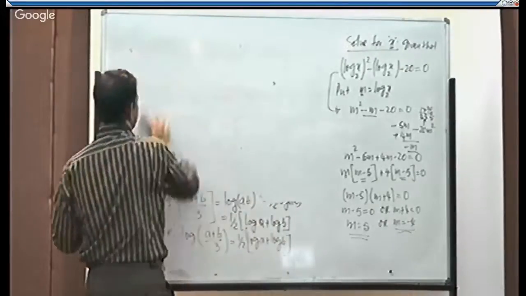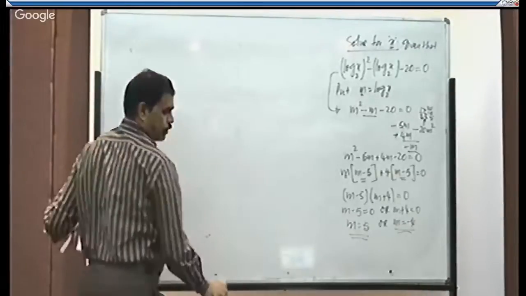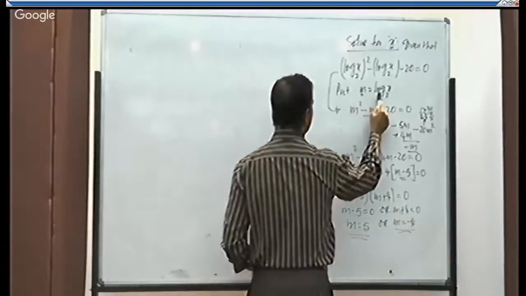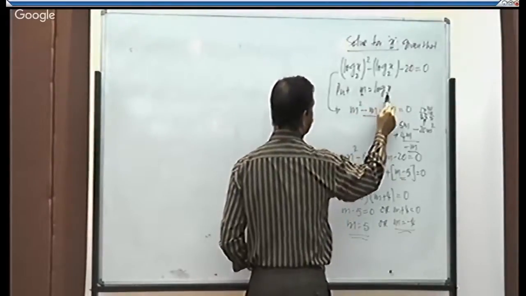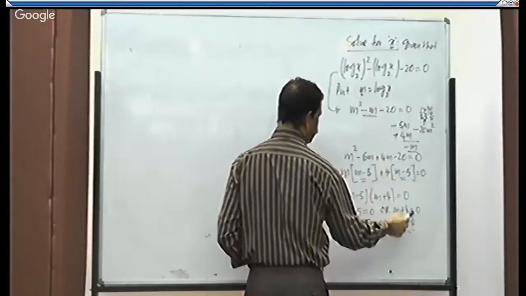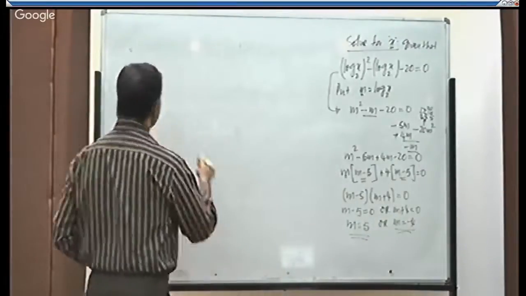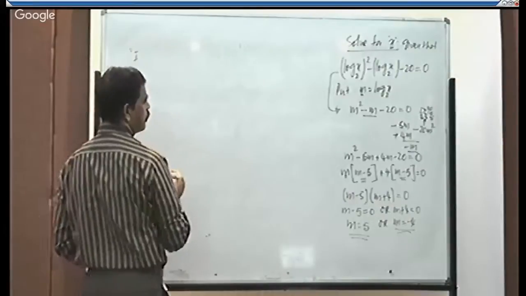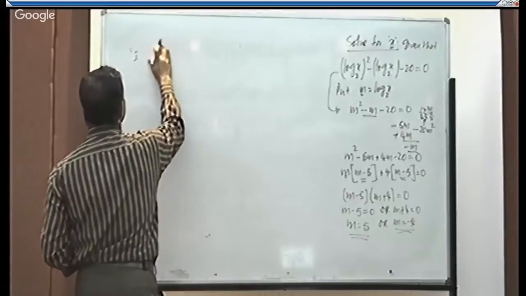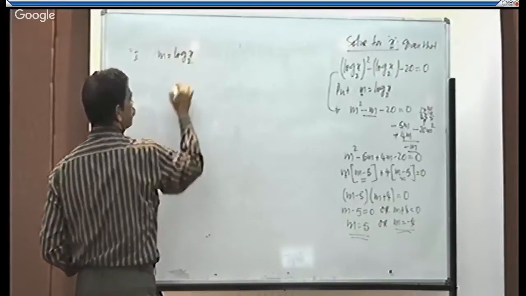So m is what I have taken? It is log of x to the base 2. Correct? So take m is equal to 5 and m is equal to minus 4. We are getting two values of x. In the first case, m is equal to log of x to the base 2.